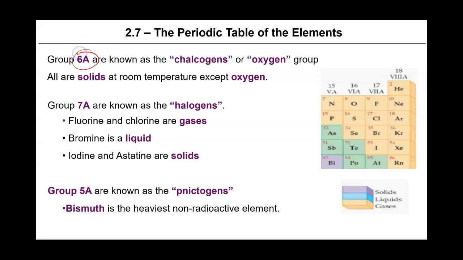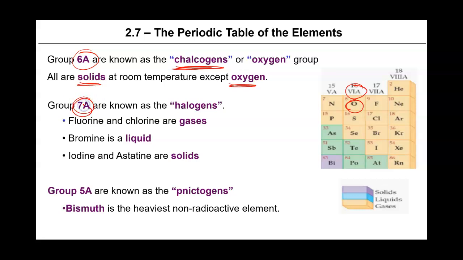Group 6A, or sometimes referred to as the oxygen group, is sometimes known as the chalcogens. All of these elements in group 6A are solids except oxygen, which you probably recognize as being a gas.